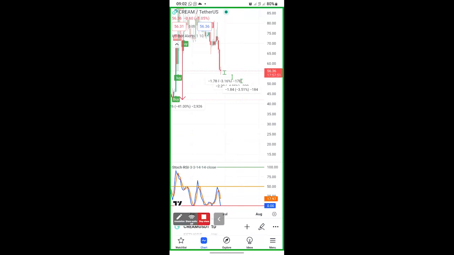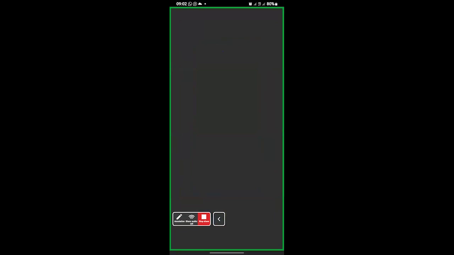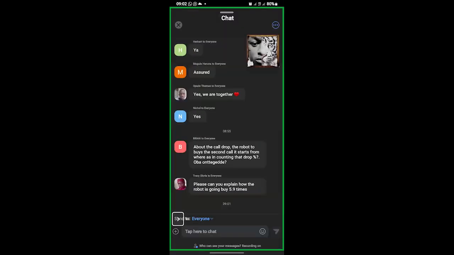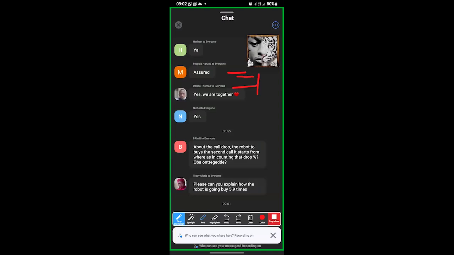So with sub positions, if it buys this and the market happens to sell it, it sells it. Then it can buy again if the market goes down, or maybe it can continue up and it sells some other percentages. Please, can you explain how the robot is going to buy 5.9 times? It is very simple. The times you've put, you just have to multiply by your first buying amount.